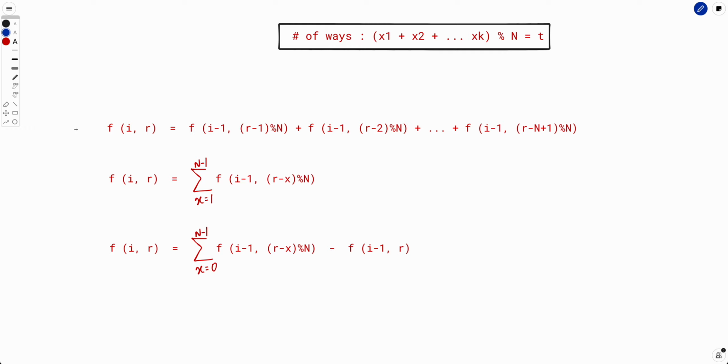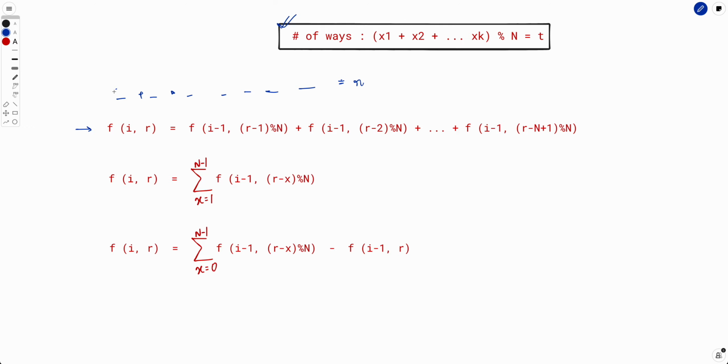So let's say F(i, r) denotes the number of ways in which I will get a remainder of r, or basically this r is equal to t here, a remainder of r if I will be adding i numbers, right? Now we are adding i numbers and we are getting a remainder of r.